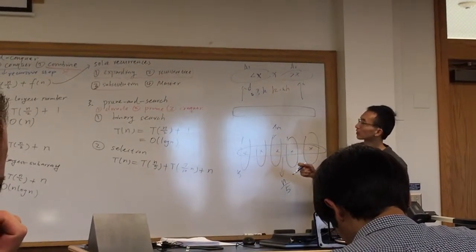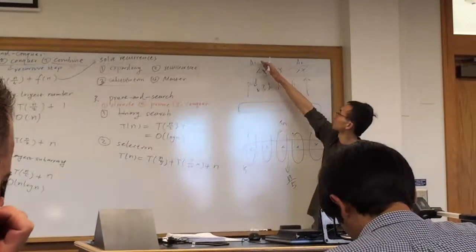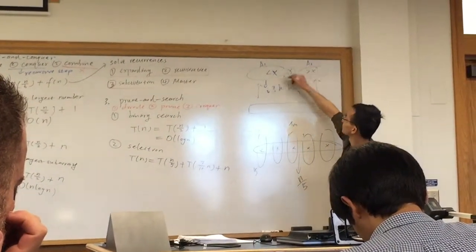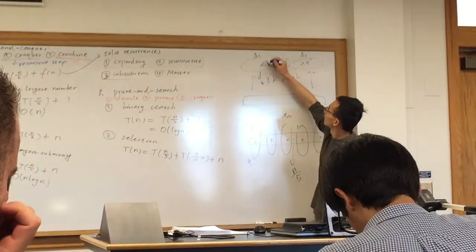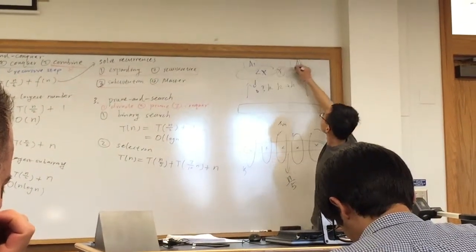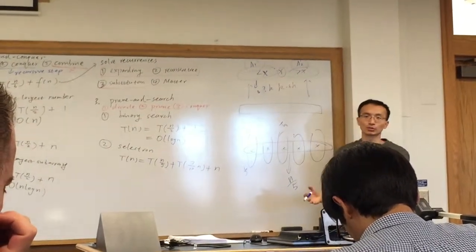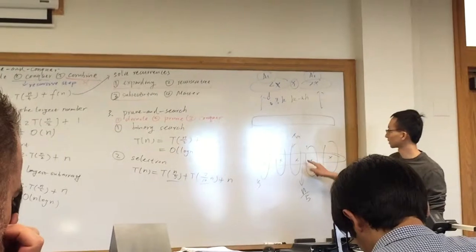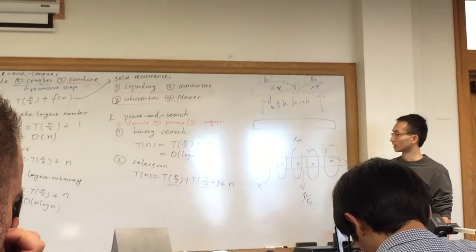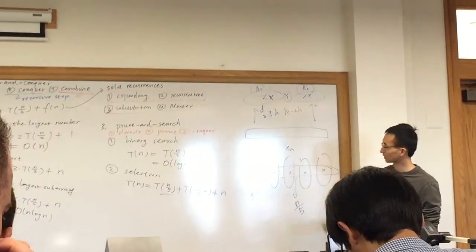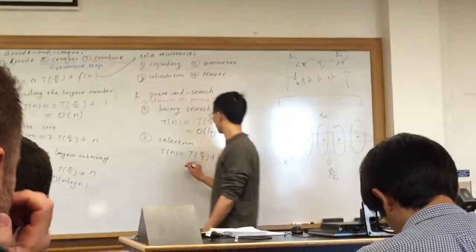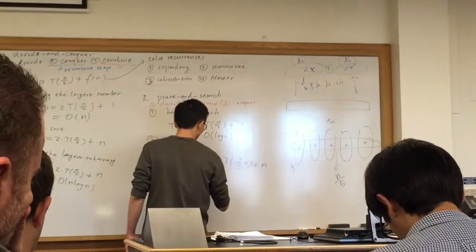But in order to make sure every time you prune a large portion of the input, we want to pick this x such that neither of them is very small. That's why we have this term. And this term is n over 5 because we call the recursive relation on the median of those medians. And eventually, we solve this recurrence.